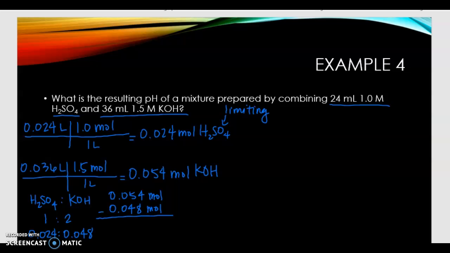And we're going to get 0.006 moles of KOH left over. Okay, so if we have 0.006 moles of KOH left over, or 6 times 10 to the negative 3, we're going to use that to find the molarity of OH, because for every 1 mole of KOH, I have 1 mole of OH.